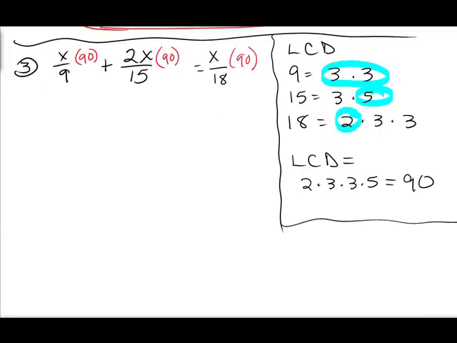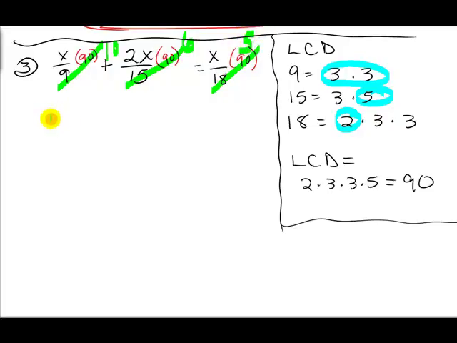On number 3, I went ahead and found the LCD, and I didn't finish this out. I thought I would just do it with you here. When you look at these two, 90 over 9 equals 10. And 90 over 15 equals 6. And 90 divided by 18 equals 5.